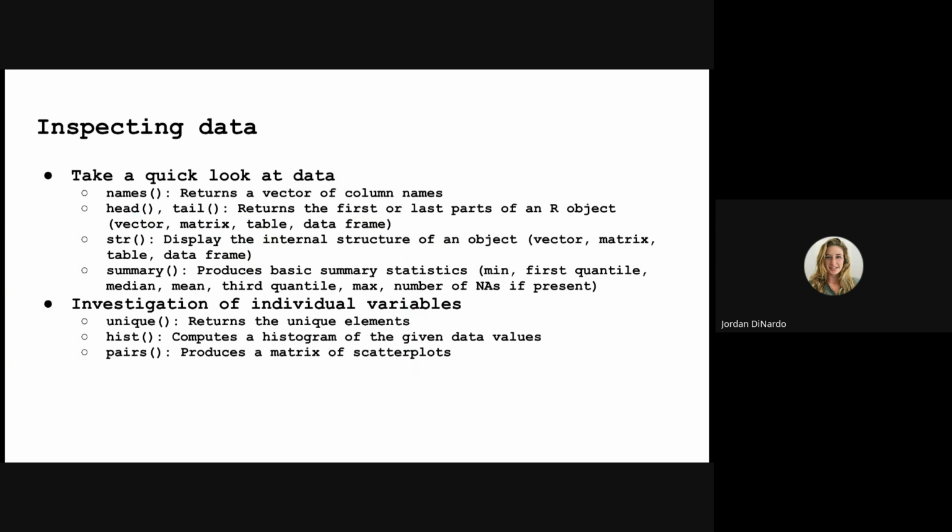This is really helpful when you have a column with text, that is a character type, and you can imagine it's repeated across rows. You can then start to look at what the unique elements within this column are. So that's really helpful when it comes to character or factors.